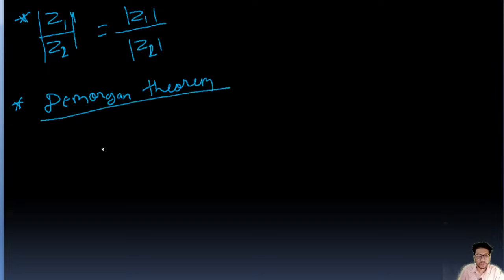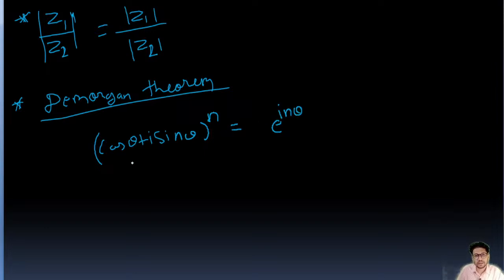So the De Moivre theorem. We know that cos theta plus i sin theta to the power n can be written as e to the power i theta to the power n, which is e to the power i n theta.